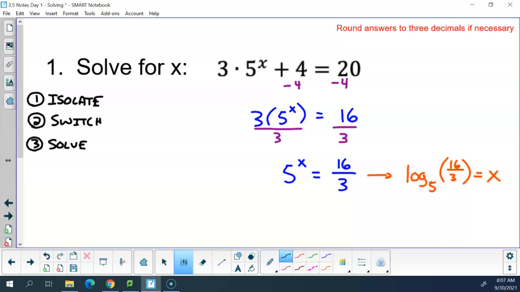Now for this one, we're going to use the change of base formula. I'm going to take the log base 10, or the natural log, one of the two, of 16/3, and divide it by whichever log I chose of 5. What's the natural log of 16/3 divided by the natural log of 5? I get, I'll write out many a decimal point, 1.0401000038.